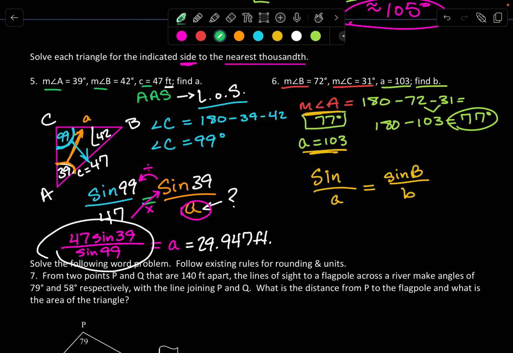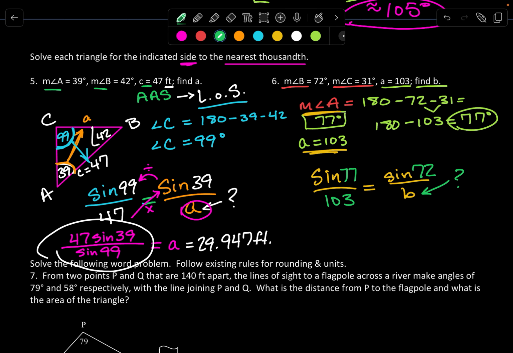I know that A, the angle, is 77 degrees. A, the side, is 103. B, the angle, is 72 degrees. And B, the side, is what I don't know, so I need to find it.